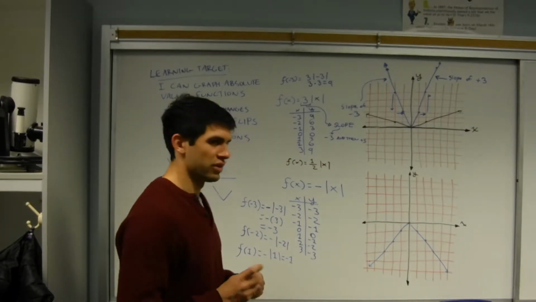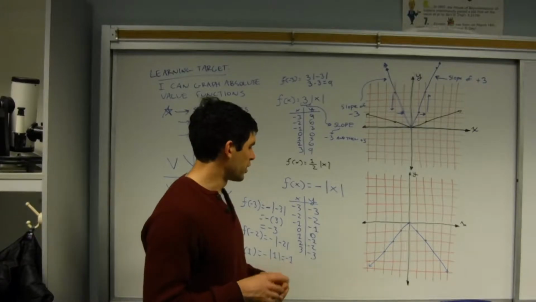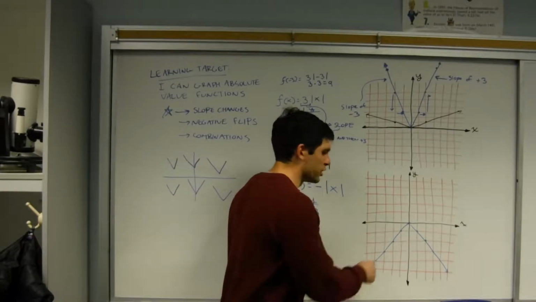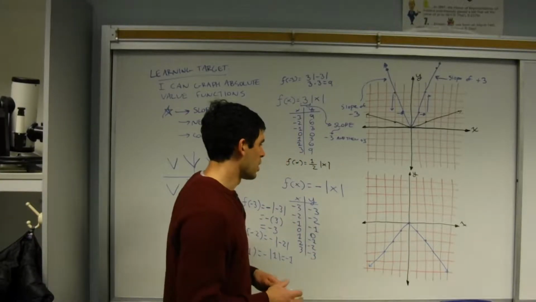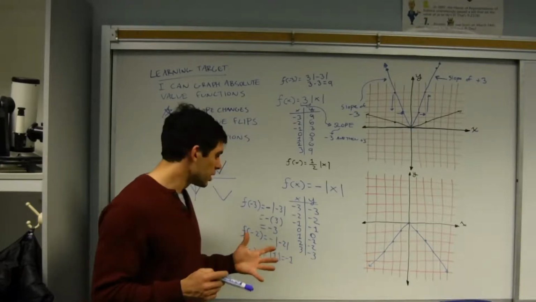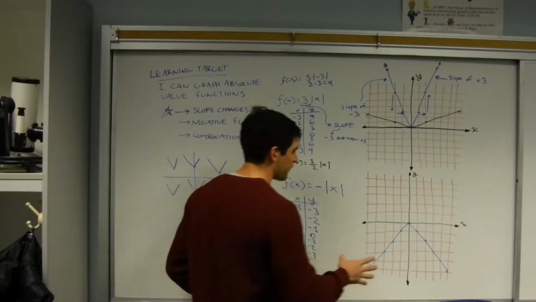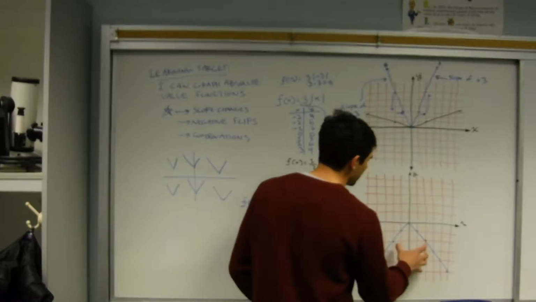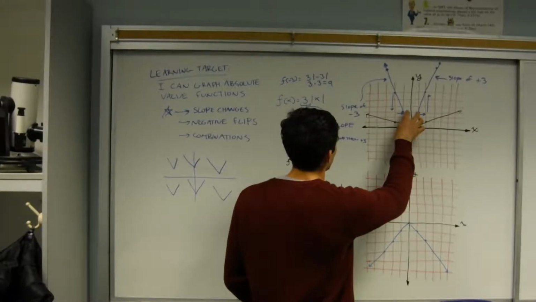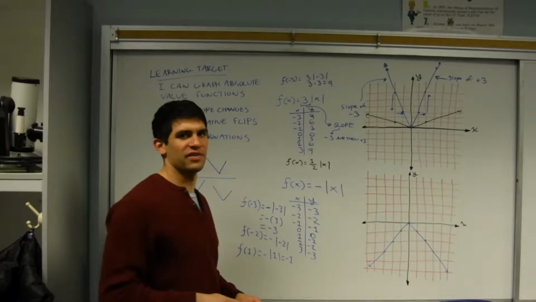And now we notice, hey, one, our graph is now an upside down V shape. And number 2 is that our graph is only in the negative y values, whereas before we were looking at graphs that were only in the positive y values.